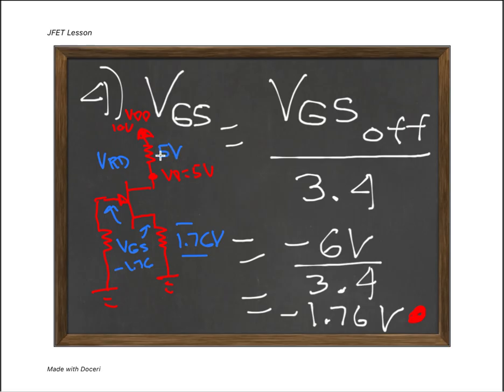Okay. And the drain current, IDSS was 16 milliamps. So half of IDSS is 8. So now just go ahead and calculate RD. And then calculate RS, and you have all the data to do that.